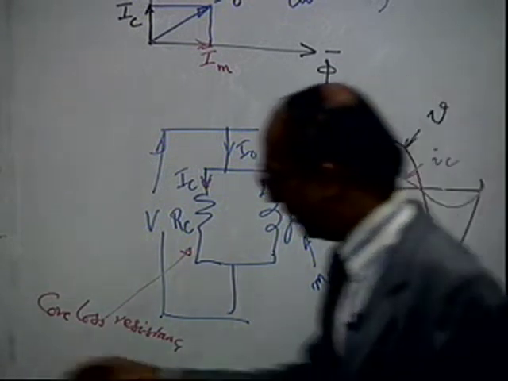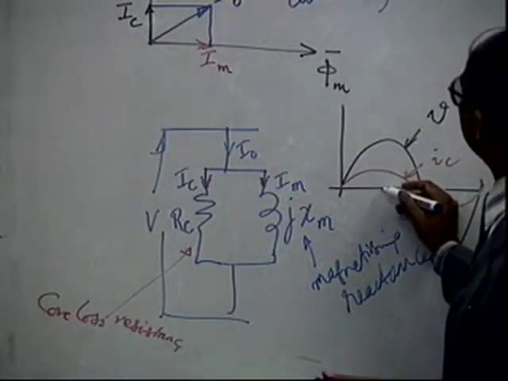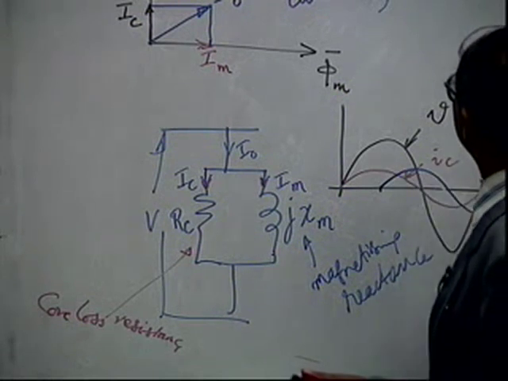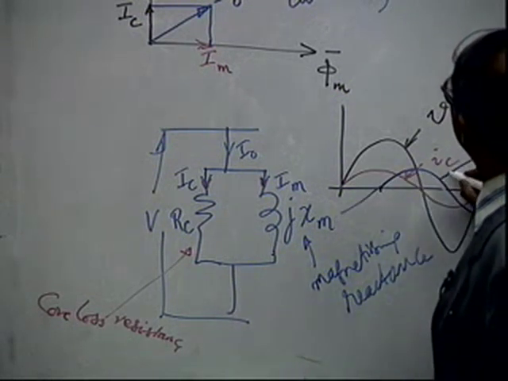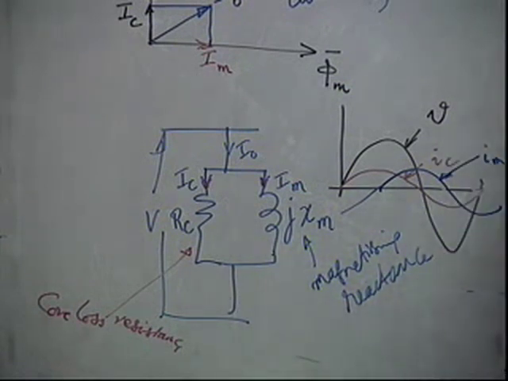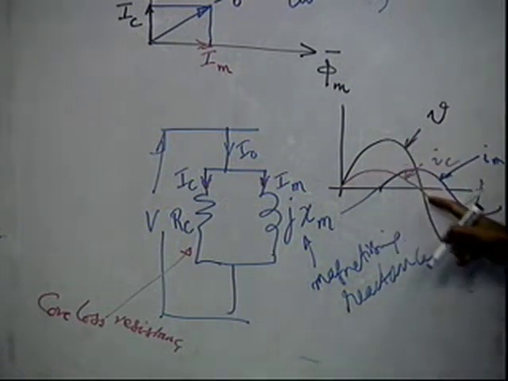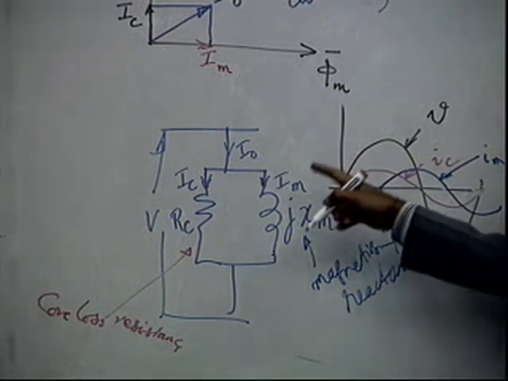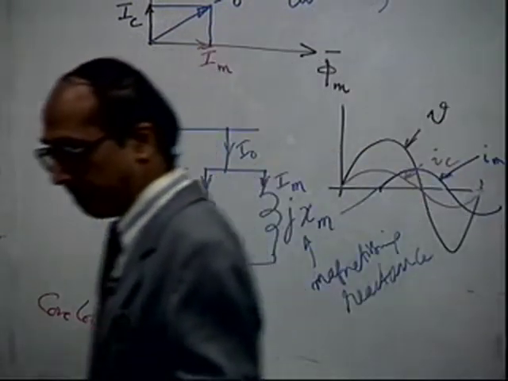So that will be out of phase. So IC and IM will be like this. If this is the voltage, this is the in-phase current and out-of-phase current as far as this is concerned. Okay.